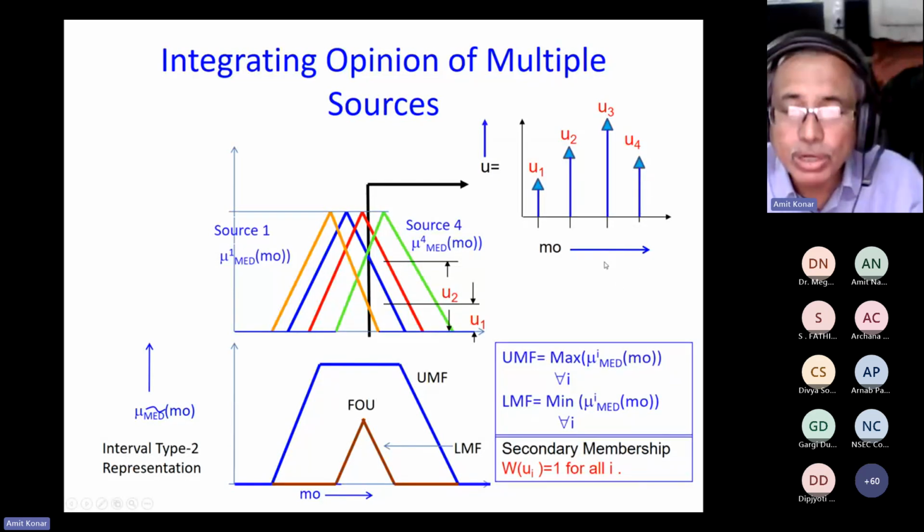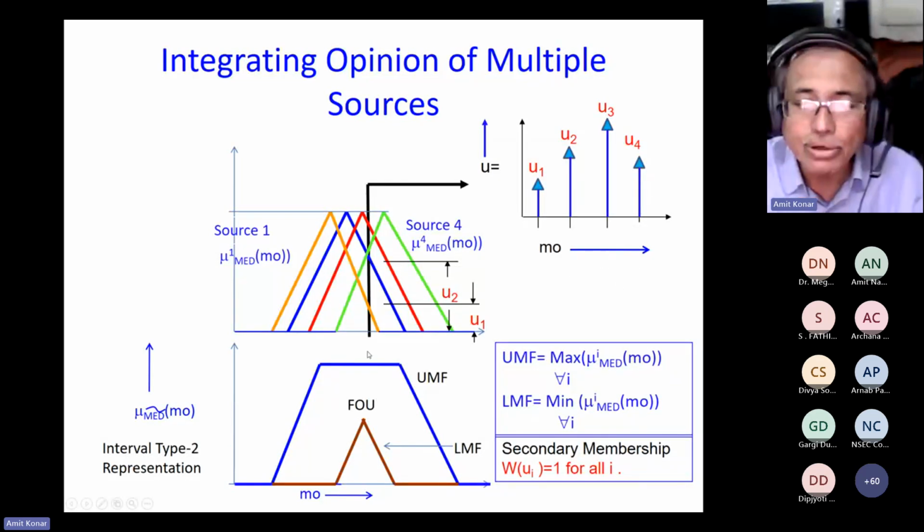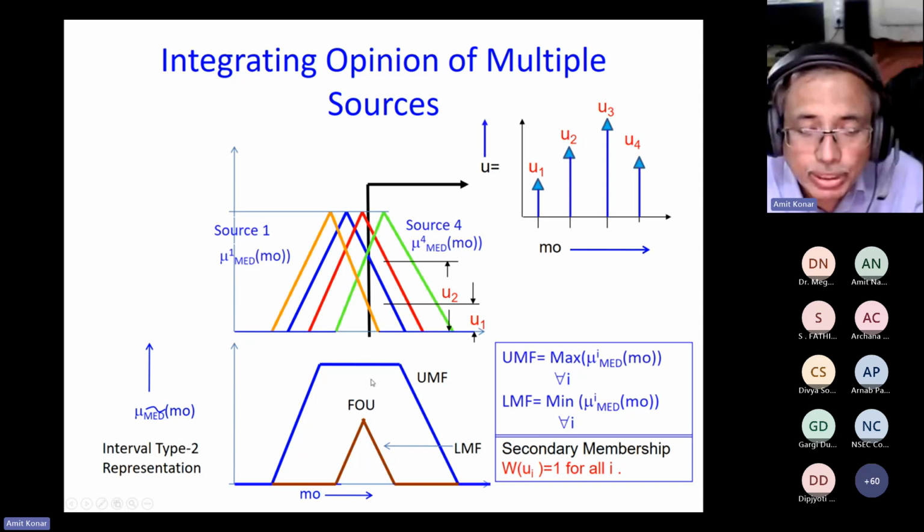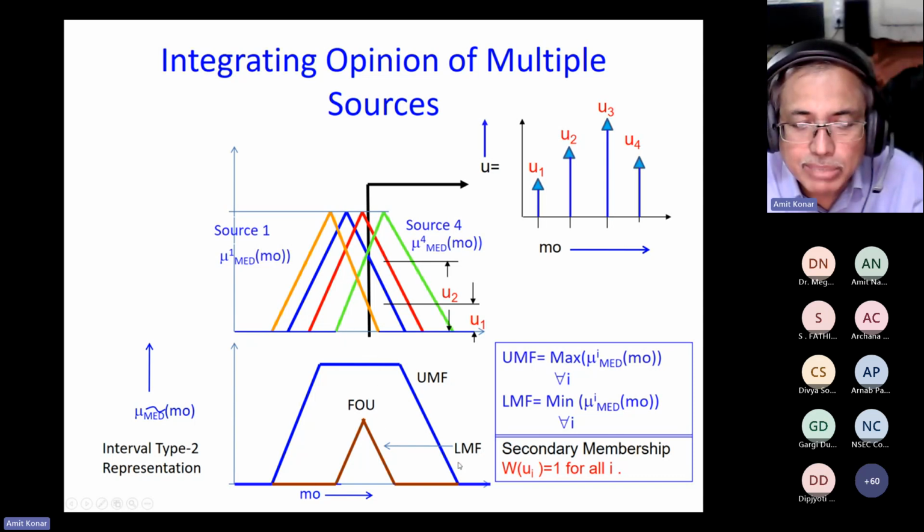Then which one will you consider? You cannot consider any single value, because it varies widely even for only 4 people. If I have 100 people, they will vary much more widely. So what are you doing? You are taking the minimum and the maximum of these memberships. If you plot the line, the membership will vary from minimum to maximum like this. It can take any value in this region.